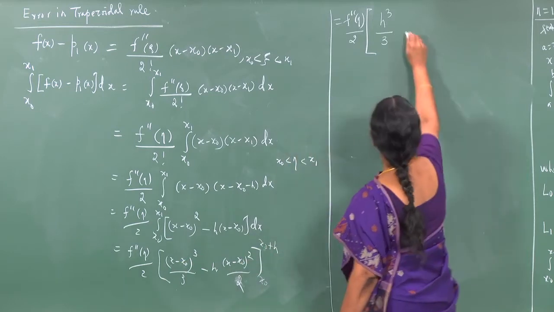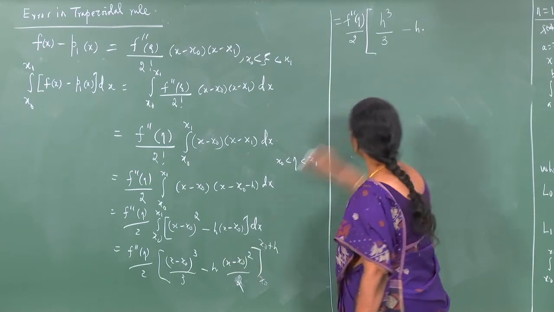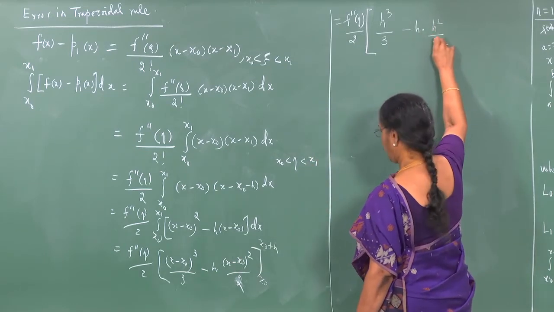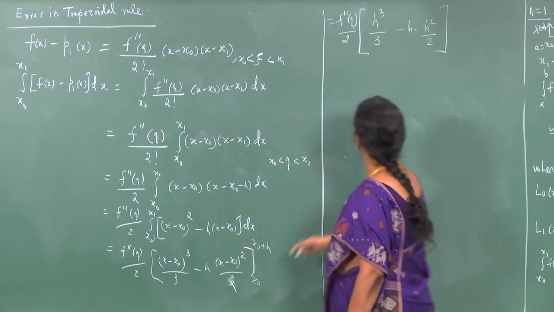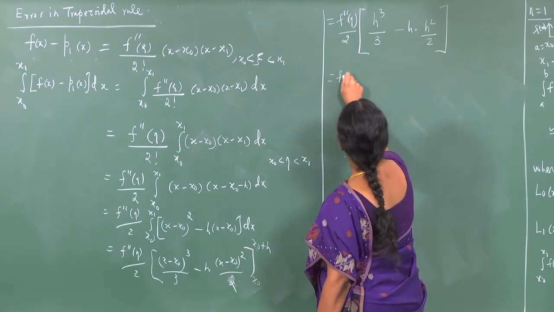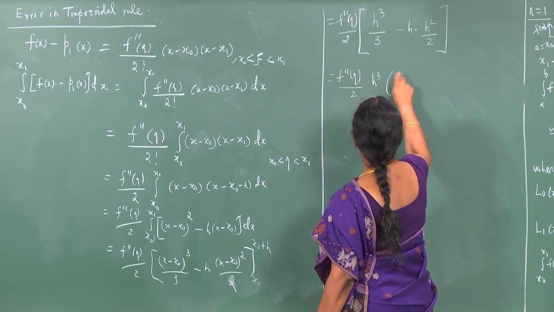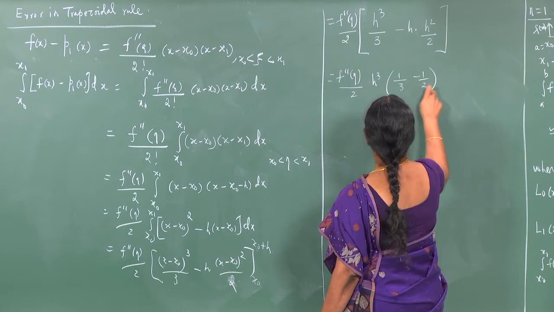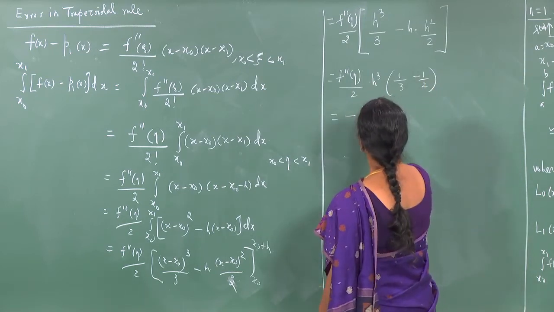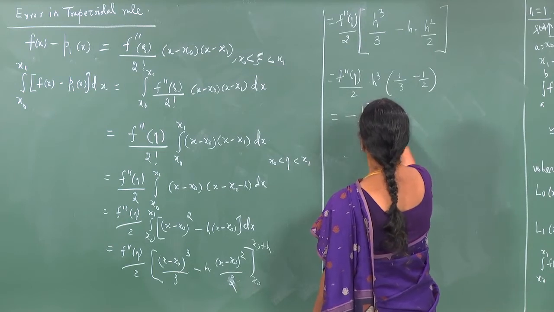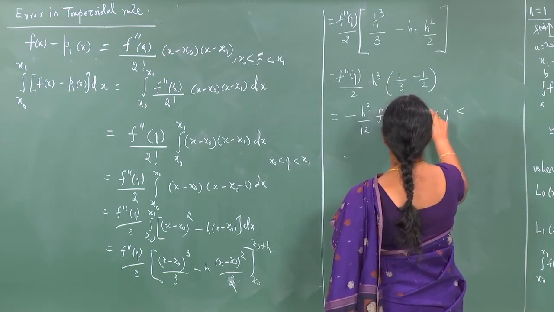And the next term minus h into, at the upper limit x0 plus h, this will give you h square by 2, and at the lower limit this will vanish. So, this gives you f double prime eta by 2 into h cube into 1 by 3 minus 1 by 2. So, that will give you minus h cubed by 12 into f double dashed at eta, eta lying between x0 and x1.